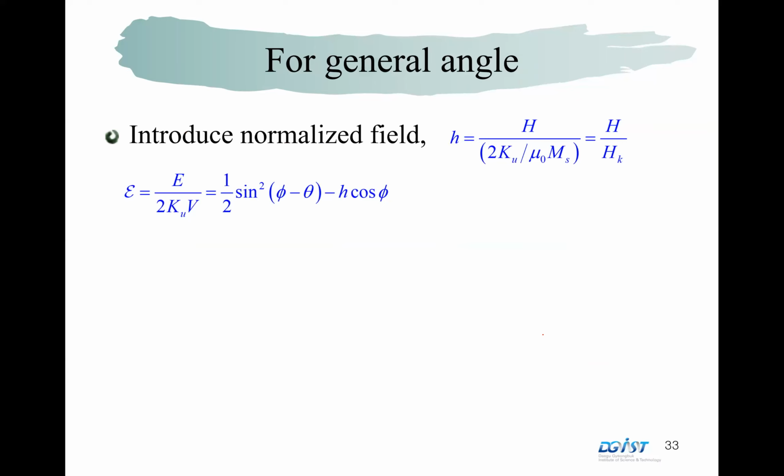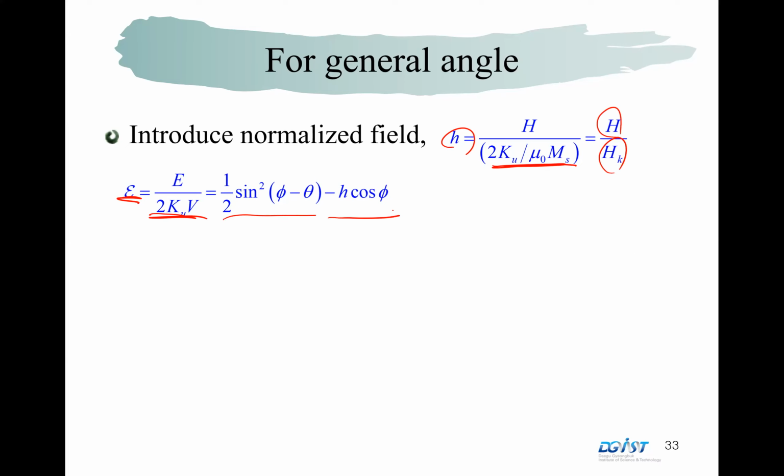And now we solved only the case when theta is zero. Now let's talk about the more general case. As I said, we defined this term as the anisotropy field, HK. And let's introduce the dimensionless small h, which is the external field divided by HK. And the total energy divided by 2KUV makes a simpler form of the energy equation.